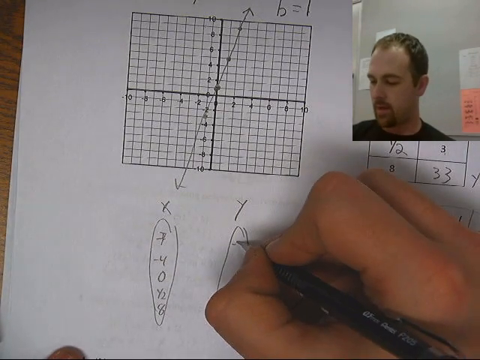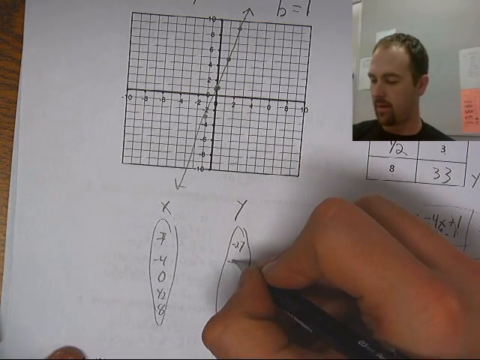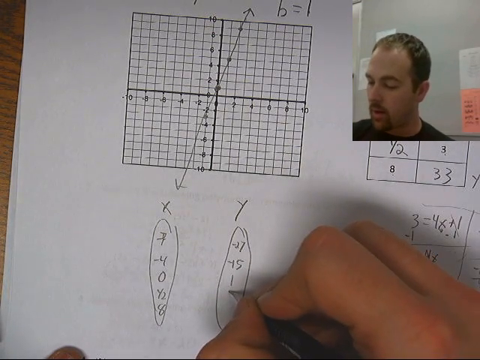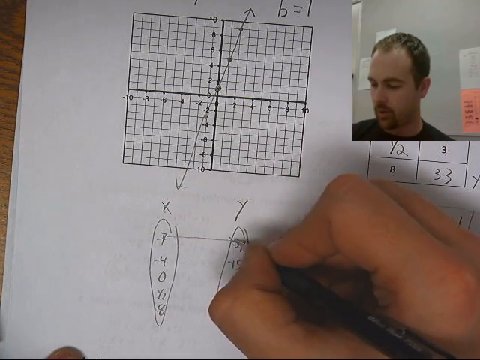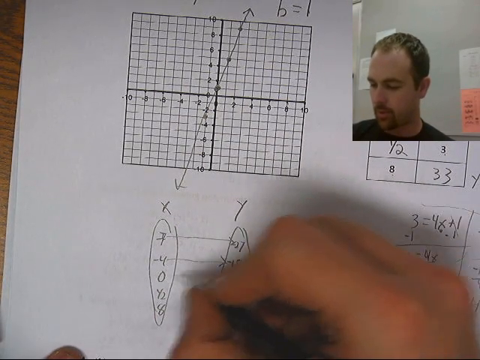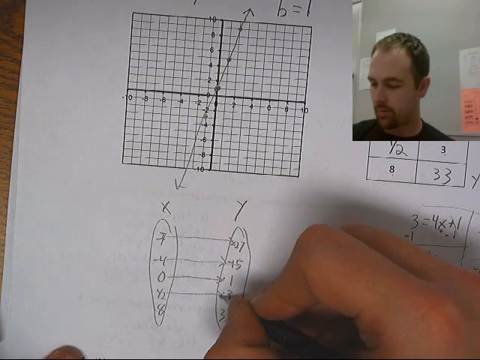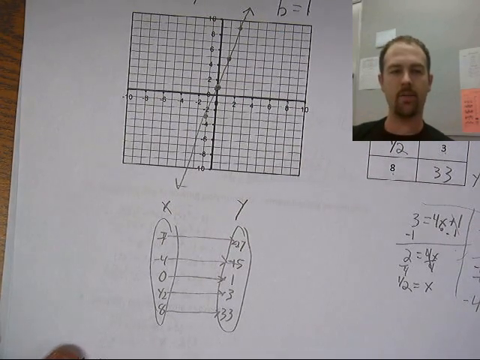The y values, -27, -15, 1, 3, and 33. And to show that there's a functional relationship, just draw the arrows from one to the next, and there's our mapping.